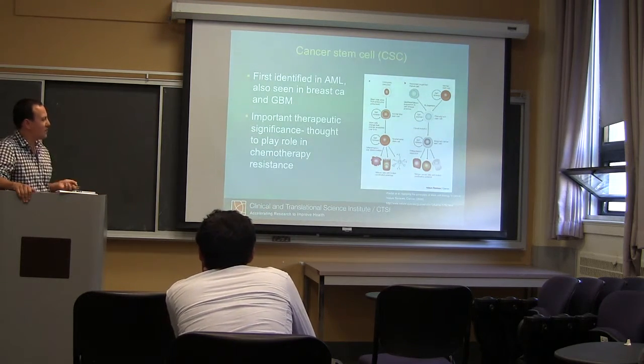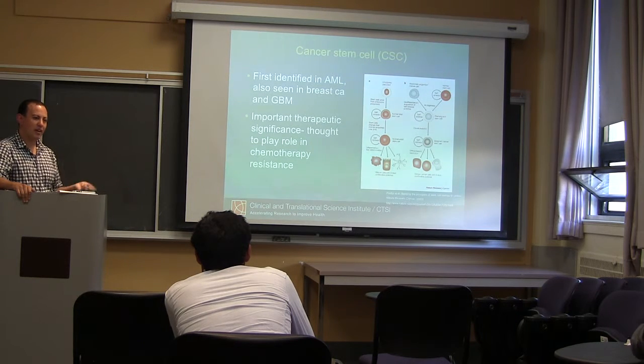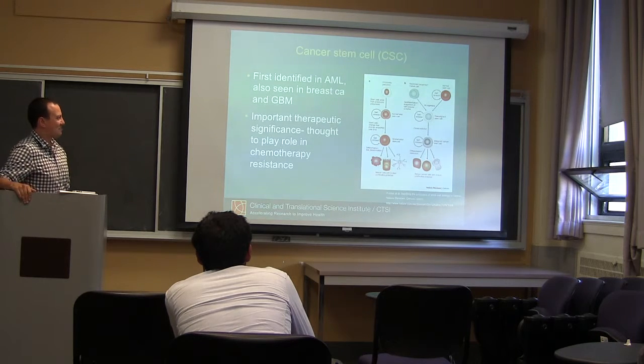It stems from regular stem cell biology, where we have several progenitor cells that are capable of self-renewal, and then go on to produce all sorts of differentiated, non-self-renewing progeny.